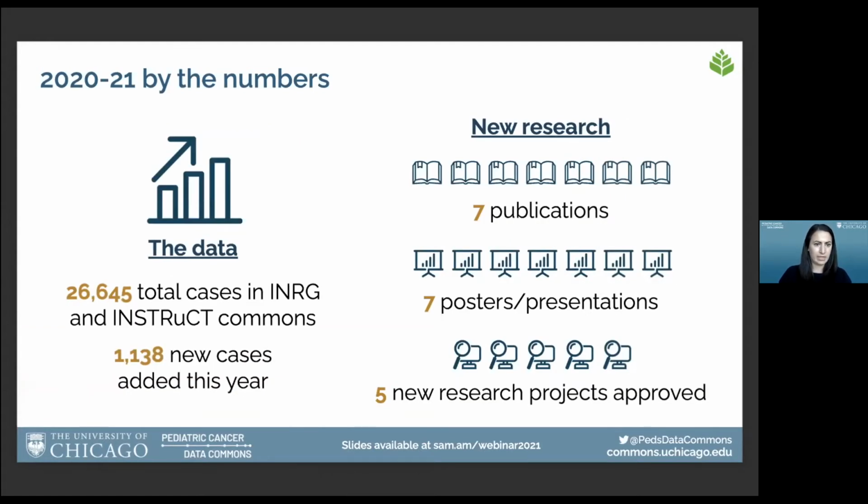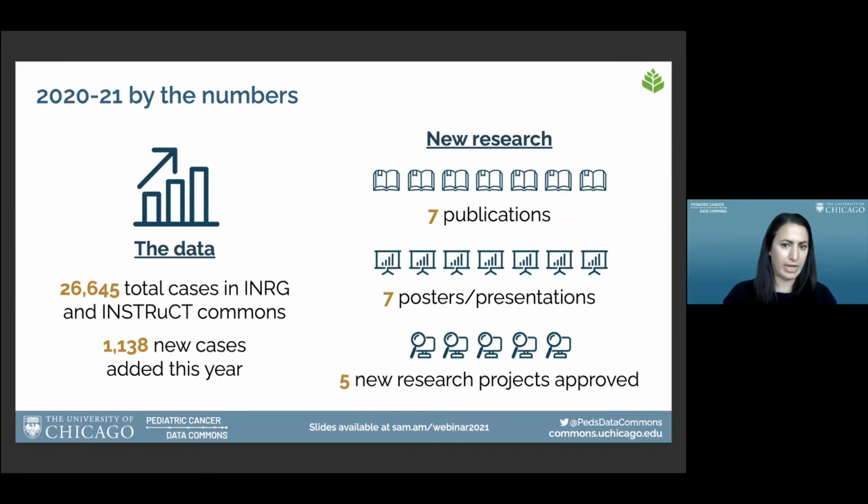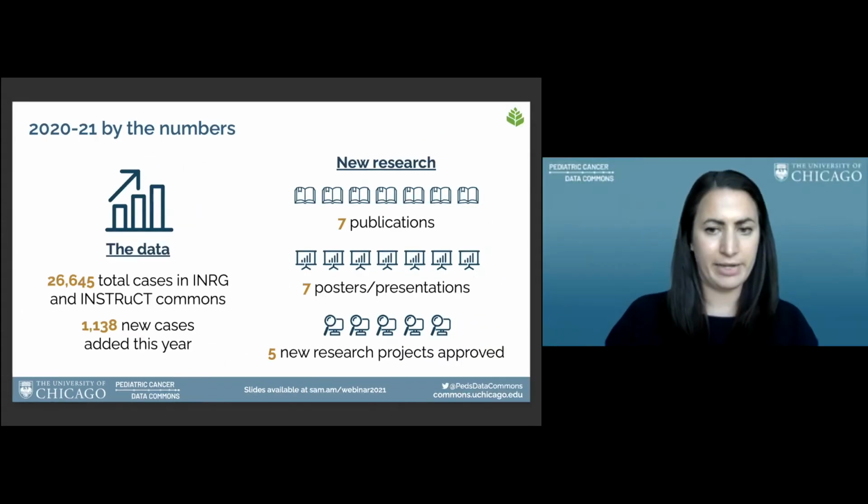So the highlights here are again speaking across all of the data commons. There's over 26,000 total cases in the iNRG and Instruct data commons to date, with 1,138 new cases added this year. I believe that equates to 793 from the Children's Oncology Group and 345 from SciPen, both of which have been updated into the iNRG data commons in the last year.